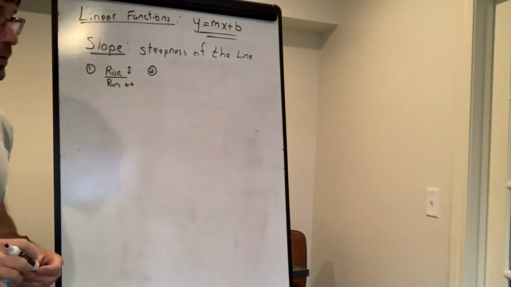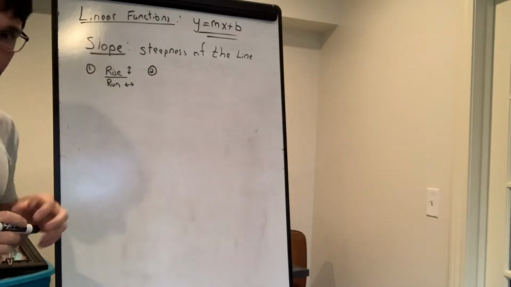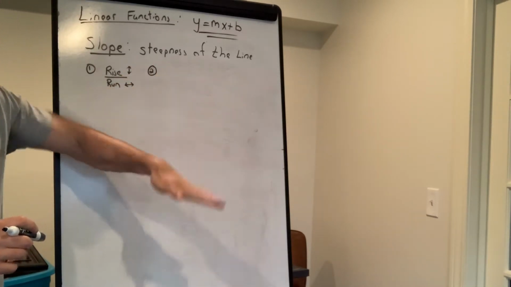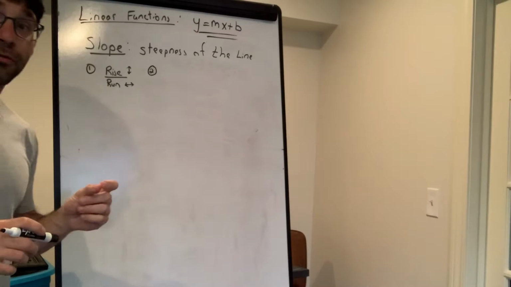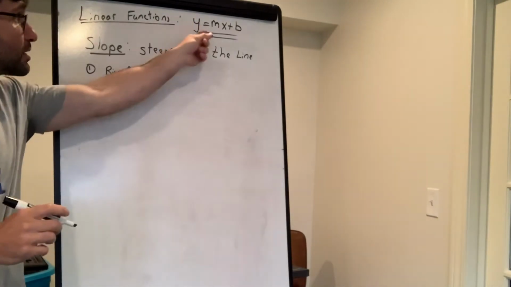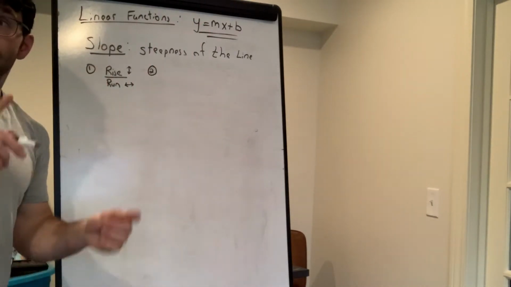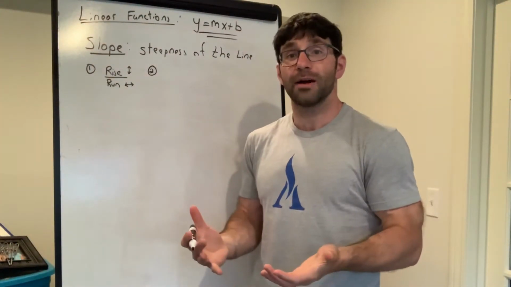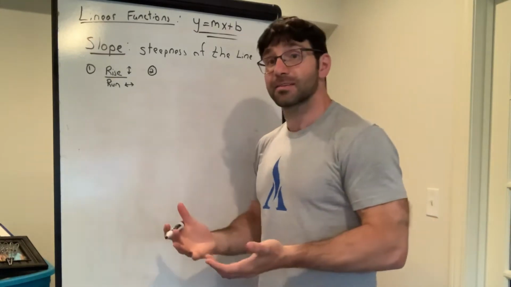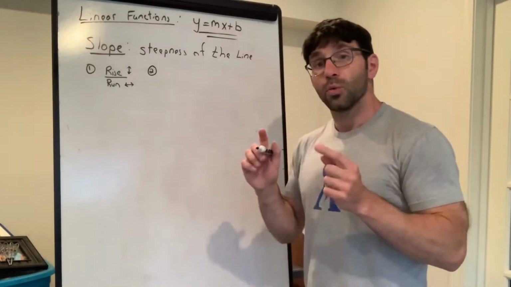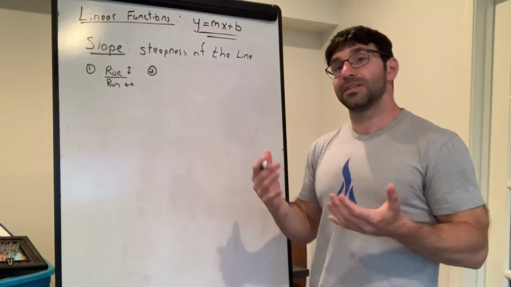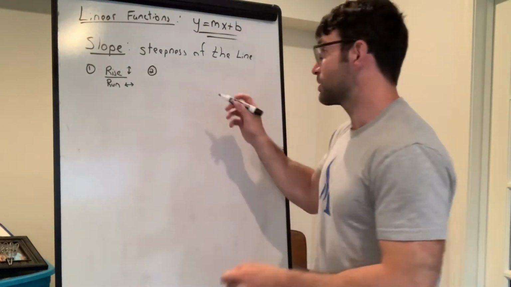When we have a function, every point on that graph is a solution to some equation. It doesn't matter whether it's an x and a y, or an s and a t. It's two points that relate to the graph. So really, rise divided by run is talking about the difference between two separate points.